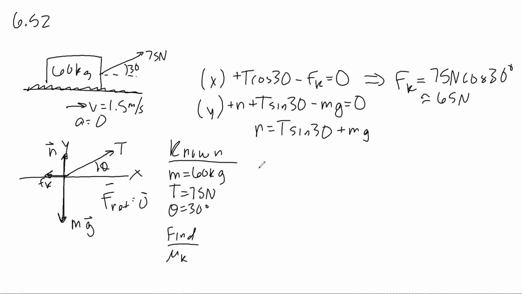T is 75, and sine of 30 is a half, so this is 37.5 newtons. 60 kilograms times 9.8 is 588 newtons. And so that sums to 625.5 newtons.